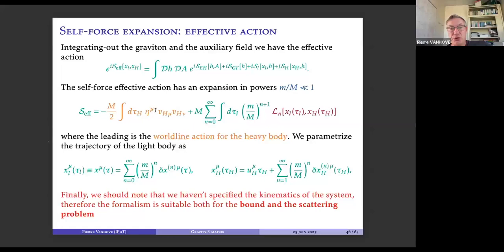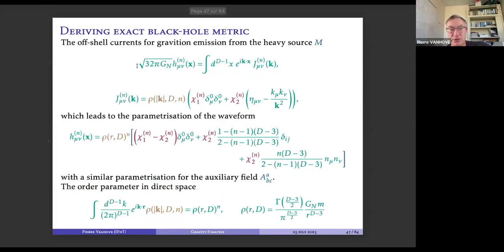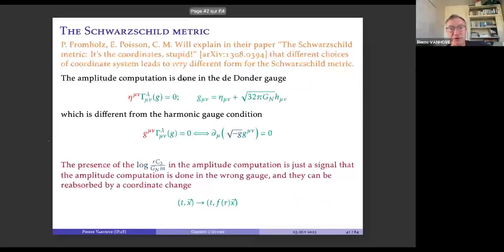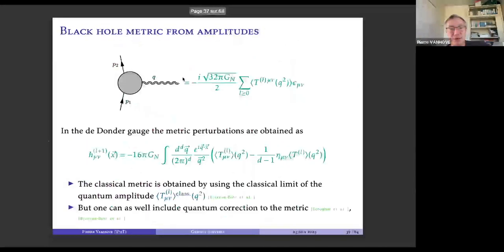Okay? Because in the case when you have a heavy mass and a small mass, one is static, so there's some expansion you can do. And now what you do is you redo the computation I described before, which is exactly emitting a graviton from first the heavy mass.